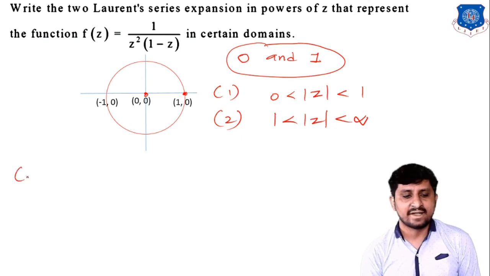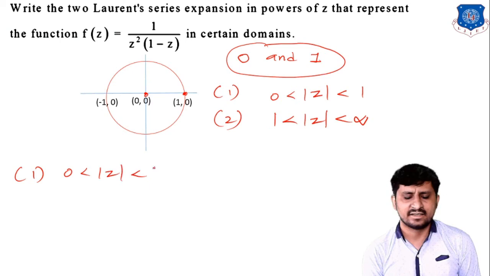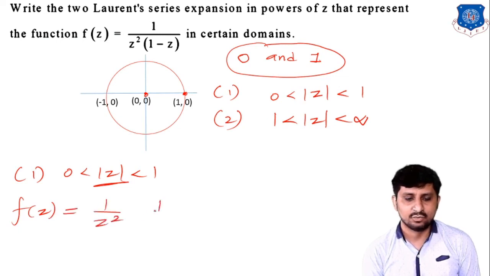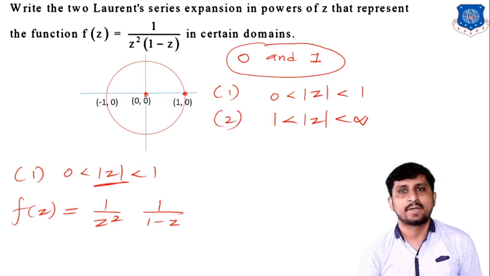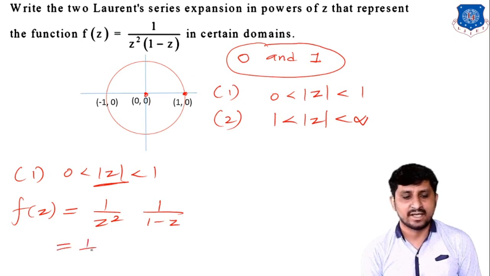Now try to find out for the first region, 0 less than mod z less than 1. Okay, now I can use mod z less than 1. What is my f of z? f of z is 1 upon z square into 1 upon 1 minus z. Because I want to express this function in power of z, 1 upon z square stays as it is.